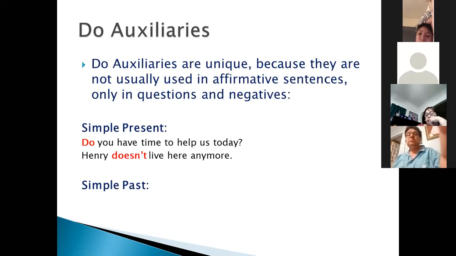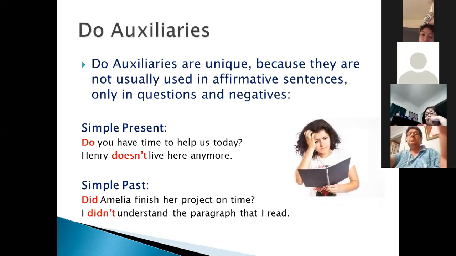Simple past. Did Amelia finish her project? I didn't understand the paragraph I read. And of course, remember with do, does, and did, we never change the verb. The verb is always the base verb. No ing, no ed, no s, nothing, just the base verb. Okay?